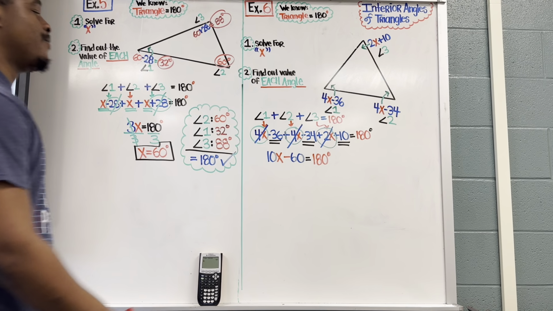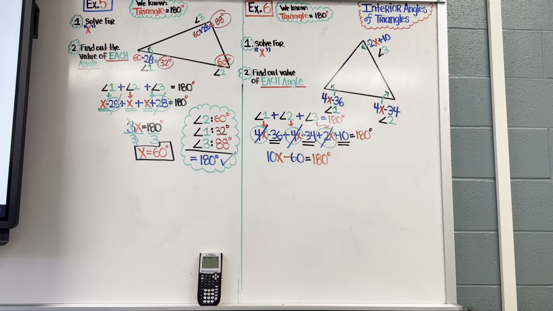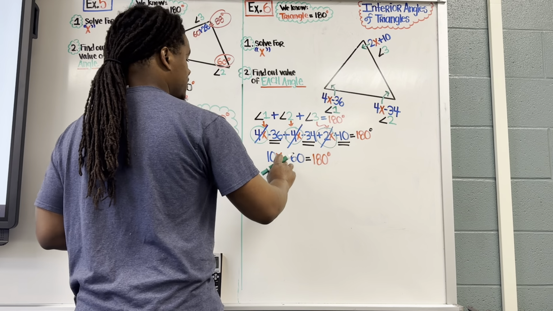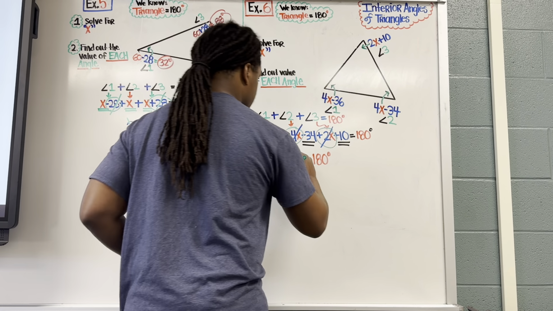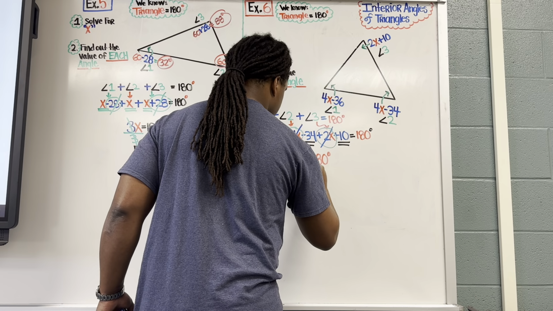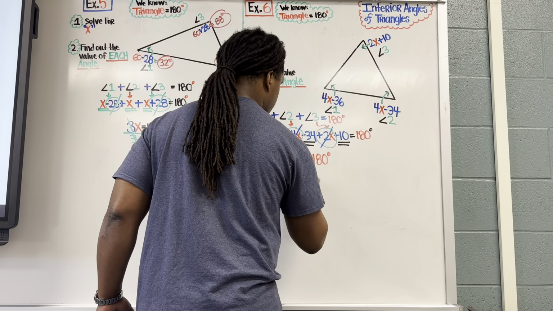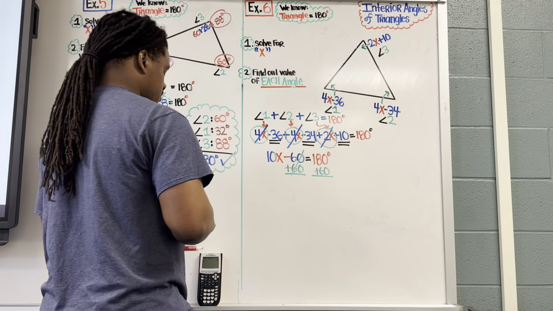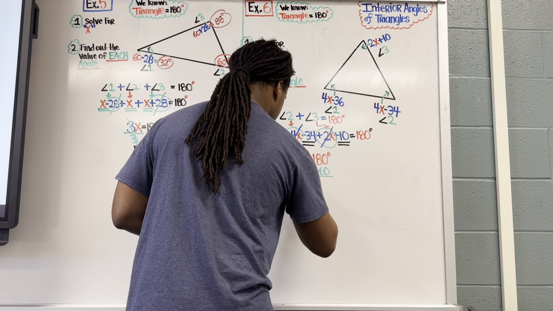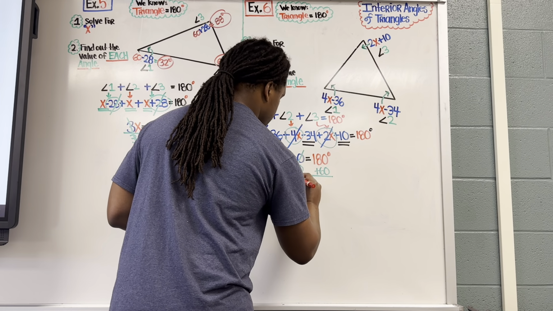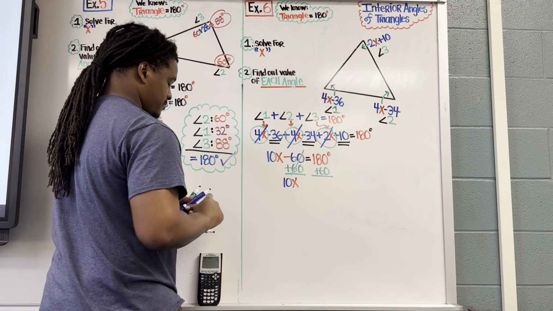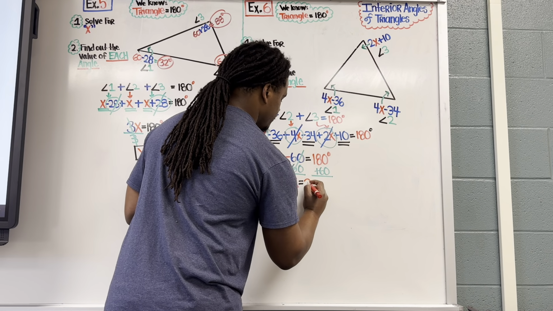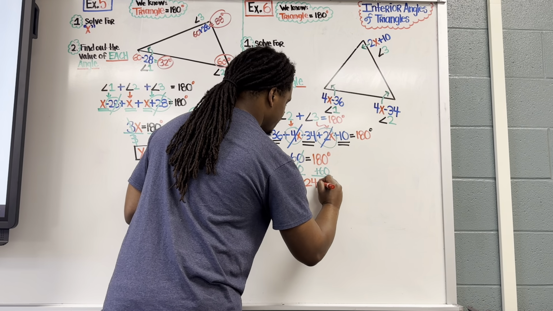All right. Now, what we need to do is add 60 on both sides to get 10x by itself. So the opposite of minus 60 is plus 60. So we're adding 60 on both sides, and 60 added to 180 is 240. So we're gonna have 10x equals 240.